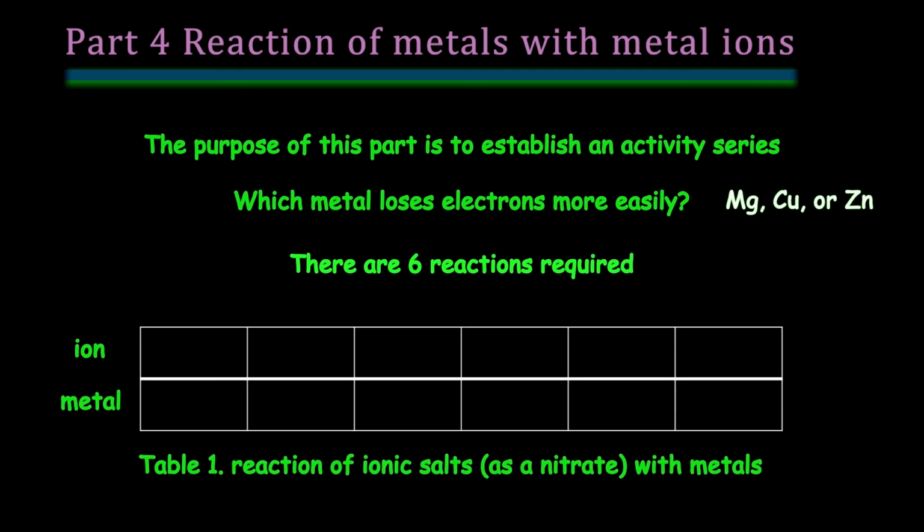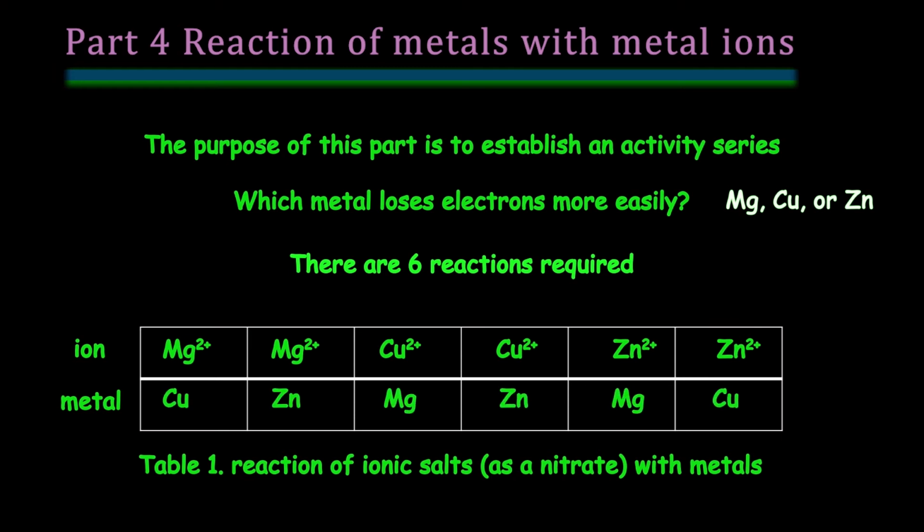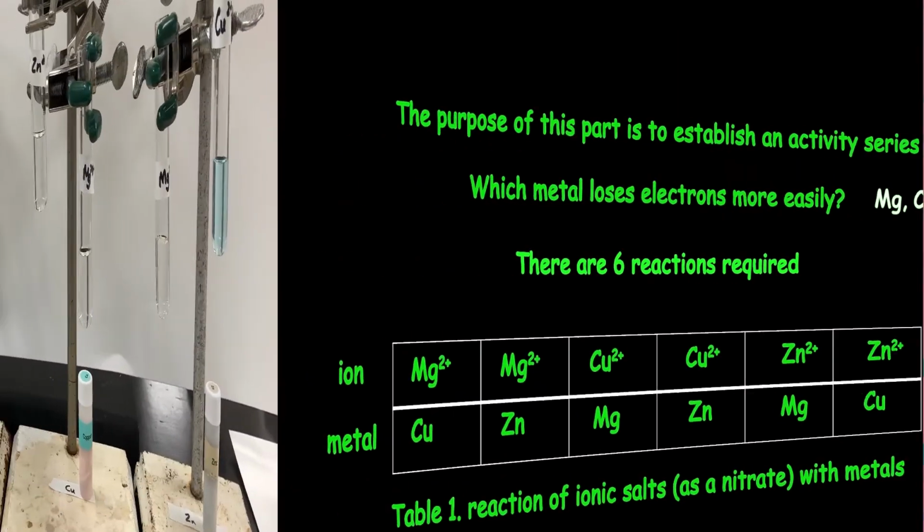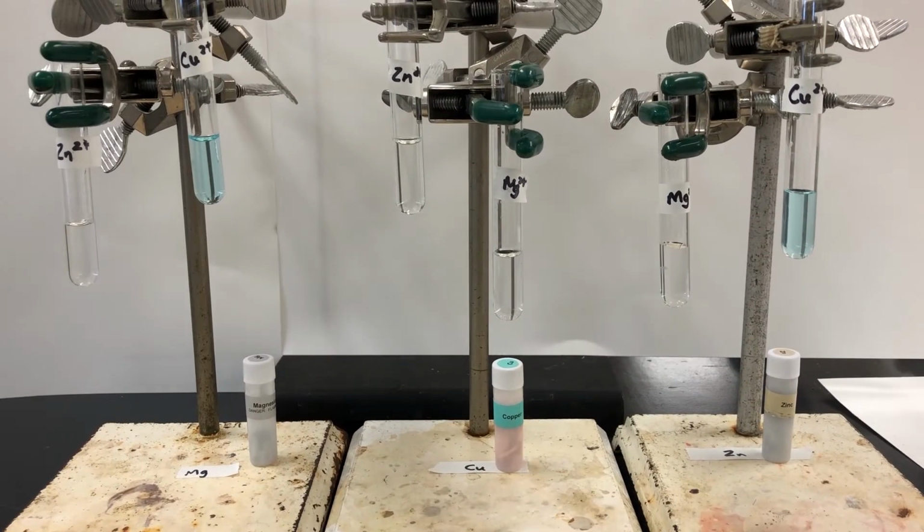Table 1 gives the reaction of the metal ions with the metals required. A reaction may or may not occur, and careful detailed attention will be required. Let's begin.